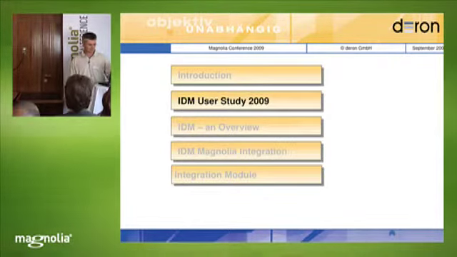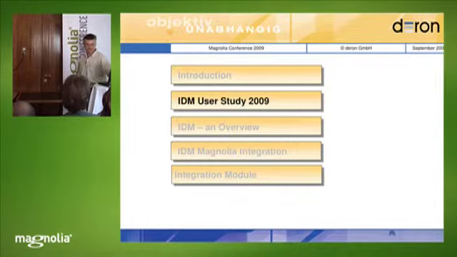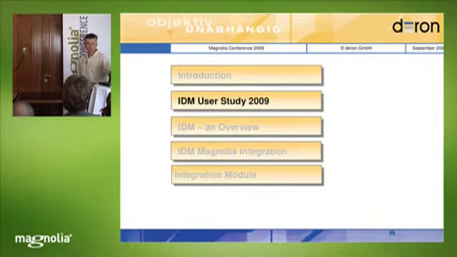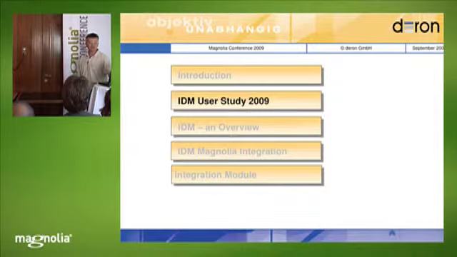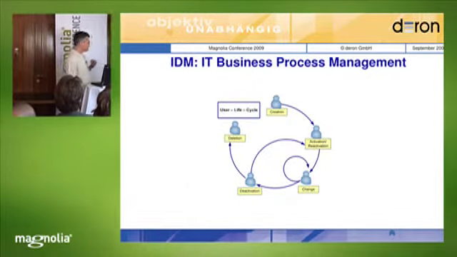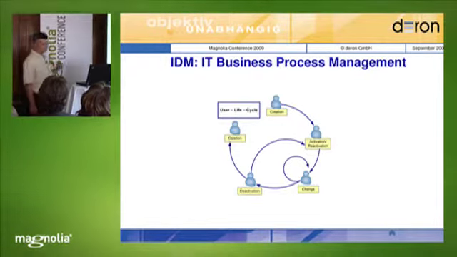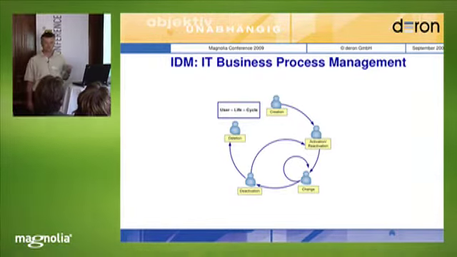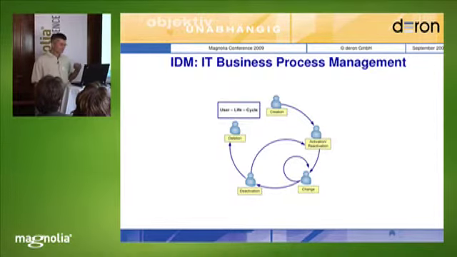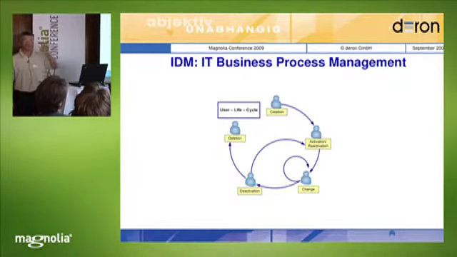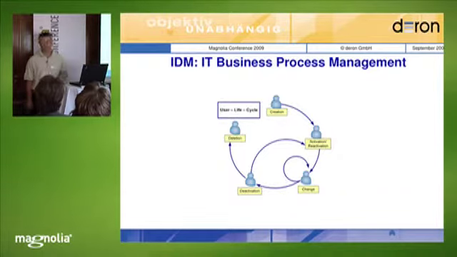But before I show you this figure, I wanted to show you what identity management is. Just an overview. Identity management deals with IT process, business process management. This means, especially, identity has something to do with people.